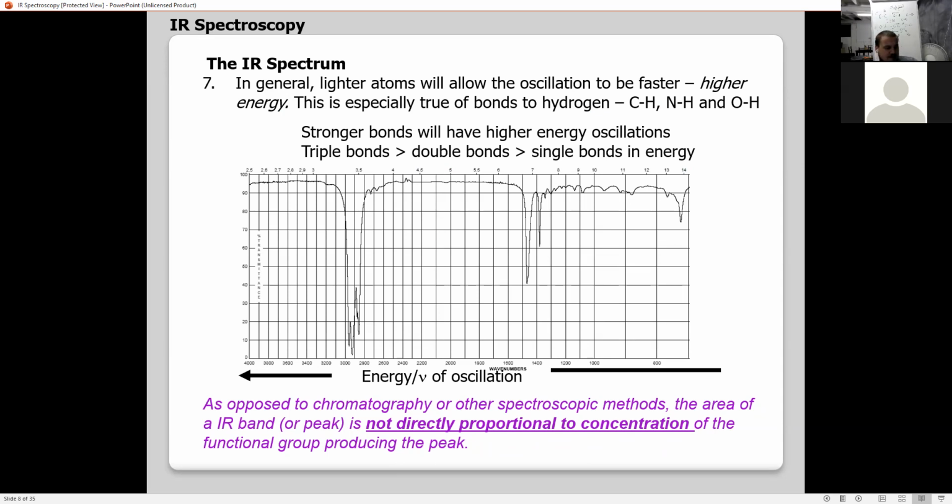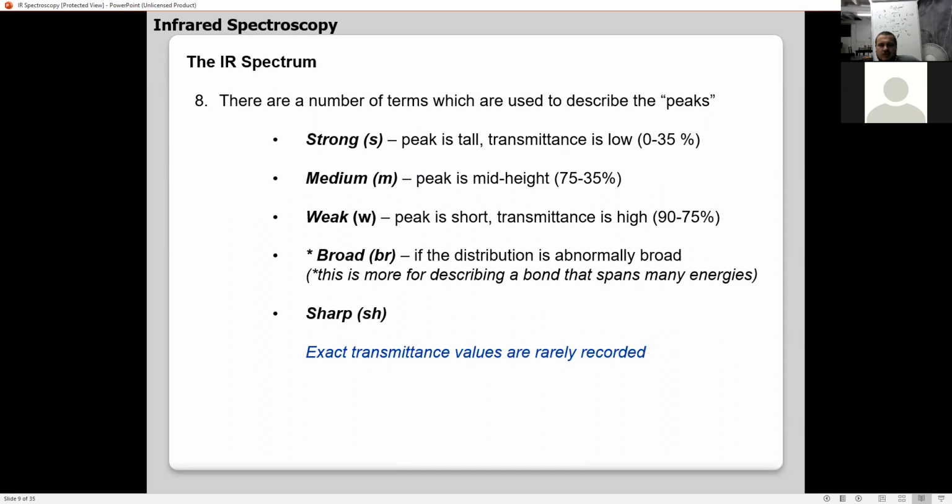So this would be done typically after you'd use chromatography to separate the sample. A strong peak is 2/3 of the way down to all the way down.